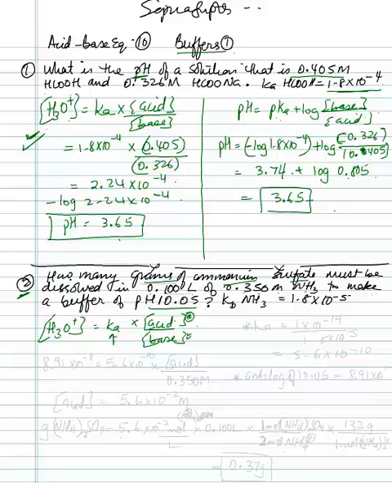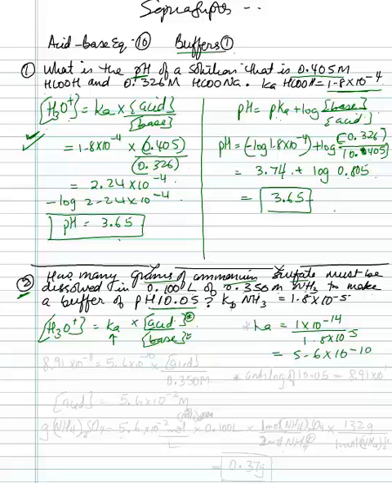And then of course we need to calculate Ka, because we're given Kb. So let's go ahead and start working on those things. And the pH is also given to us. We need to find the anti-log of that. So let's find the Ka first. Ka is equal to 1 times 10 to the negative 14 divided by 1.8 times 10 to the negative 5, and so that is 5.6 times 10 to the negative 10.